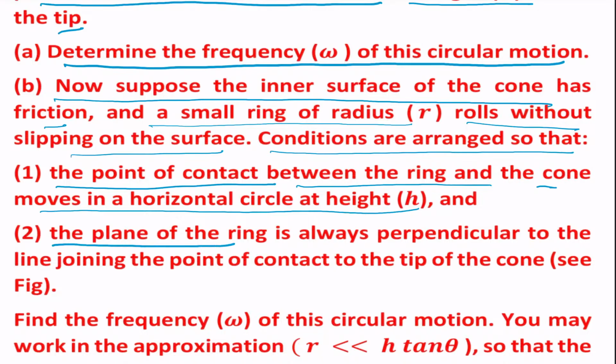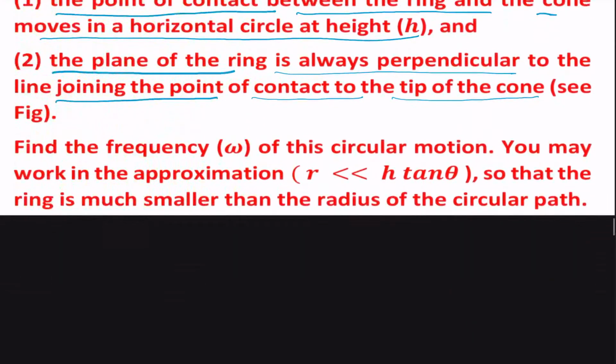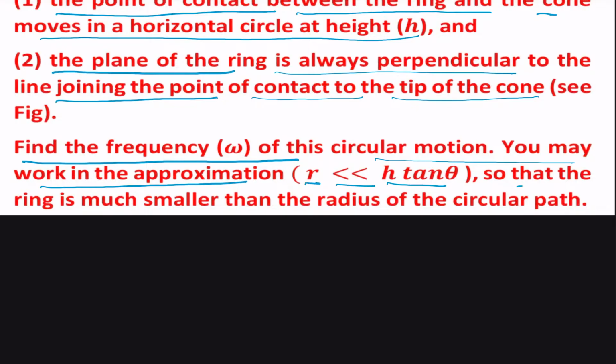The plane of the ring is always perpendicular to the line joining the point of contact to the tip of the cone. Okay. And in this case also, find the frequency omega of the circular motion. You may work in the approximation that r is very much less than h tan of theta, so that the ring is much smaller than the radius of the circular path.